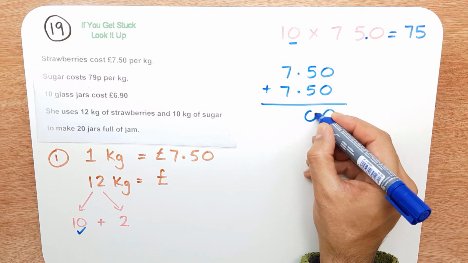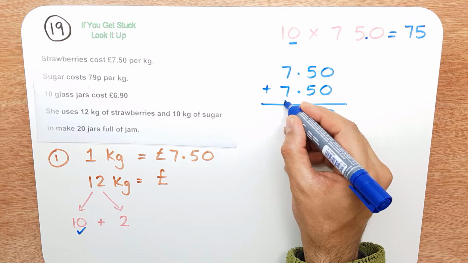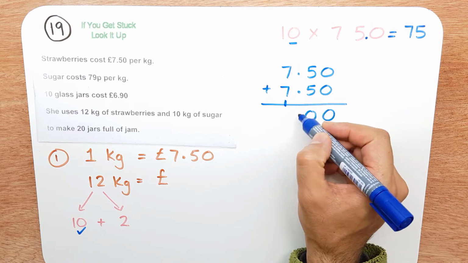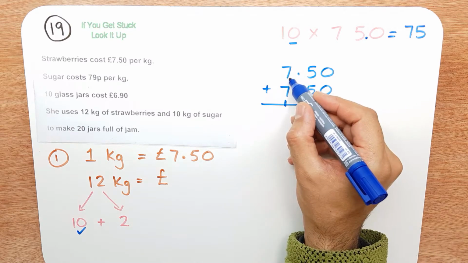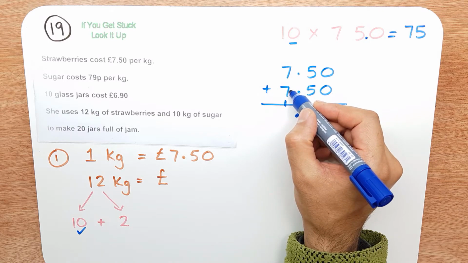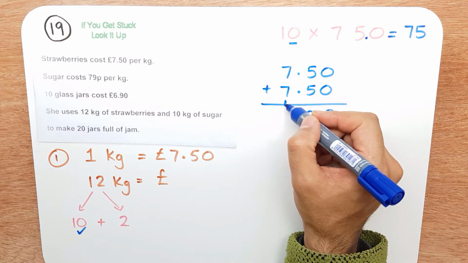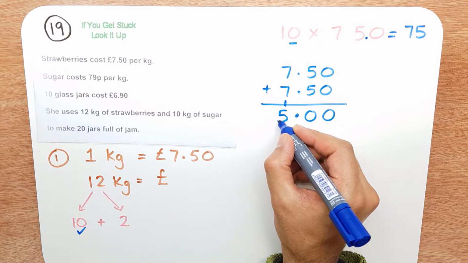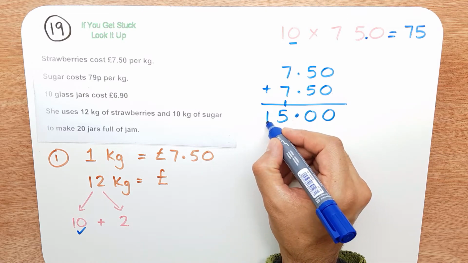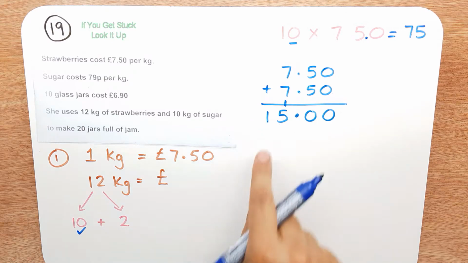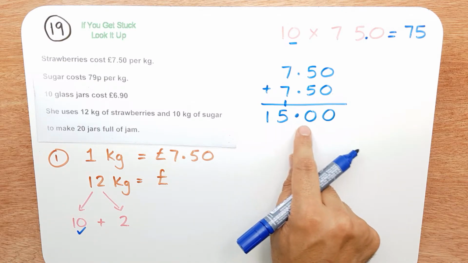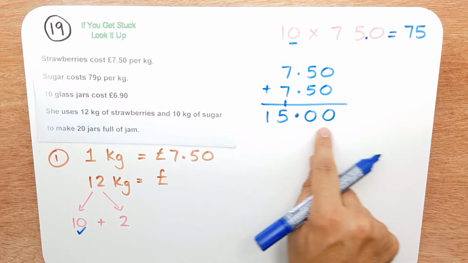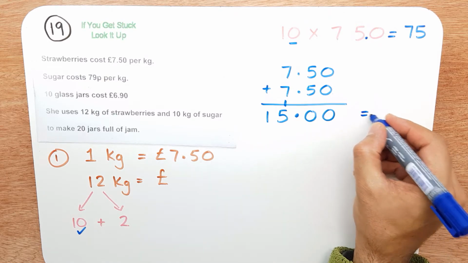So we put the 0 down and carry the 1 over. And now it's important we line up the decimal point. 7 add 7 is 14. Plus the 1 we've carried over is 15. So the answer here is 15.00. And I can simply write that as 15.